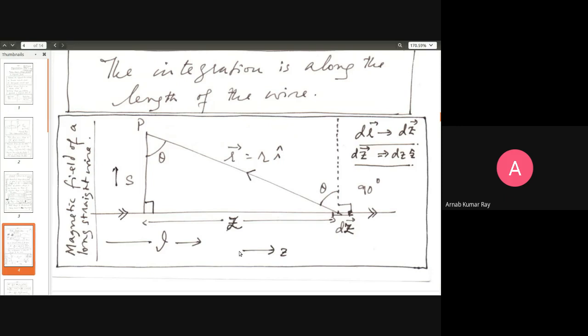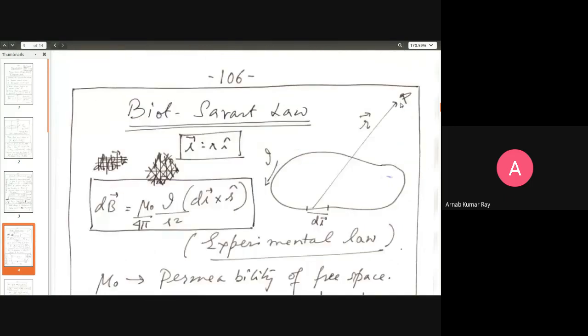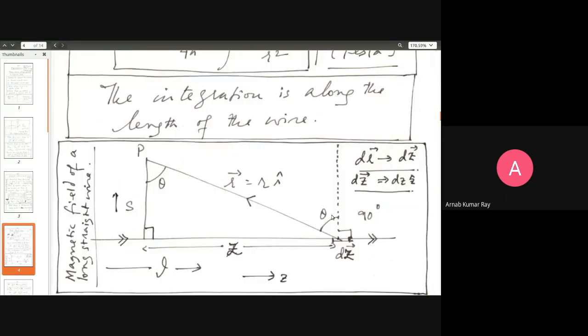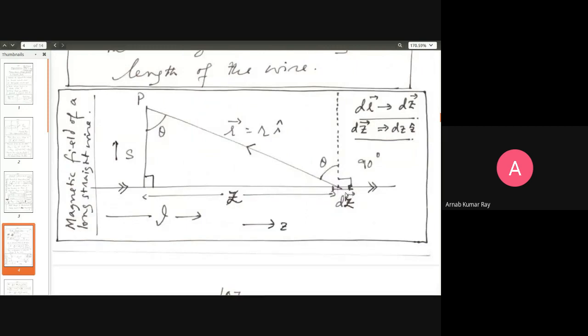Now, we'll apply the Biot-Savart law over here. This is the point P. This is the line segment dl. Here, we have chosen this small line segment dl, which is dz. This is the z axis. This is the z direction. A small line segment on the z axis, dl will just be equal to dz, that is dz z cap.